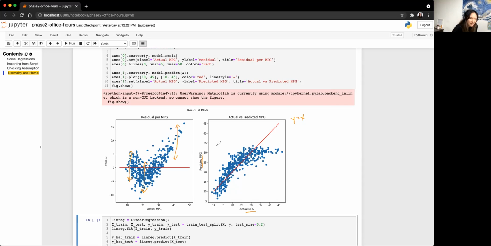This gives you very similar information. You can see here from like the 30 to 45 range, the actual values are up here, but your predictions are down here. There's a discrepancy of about this much at the higher ranges.